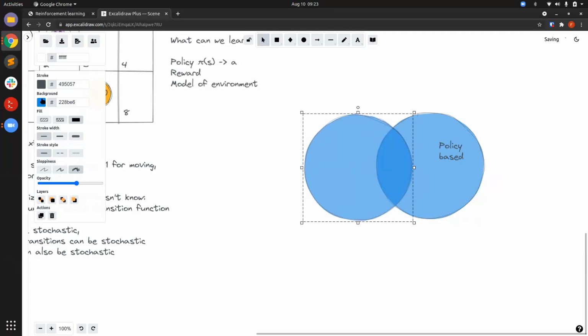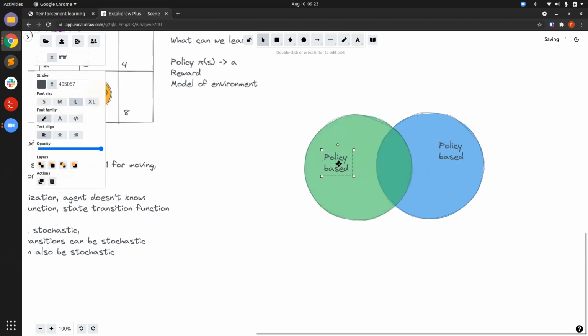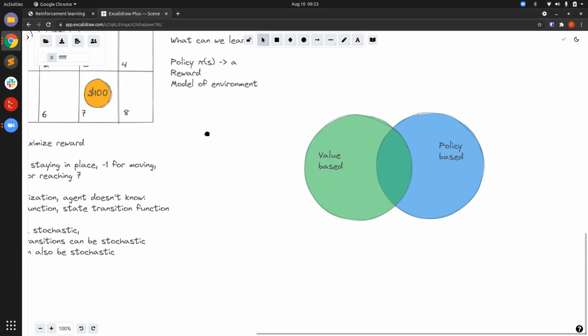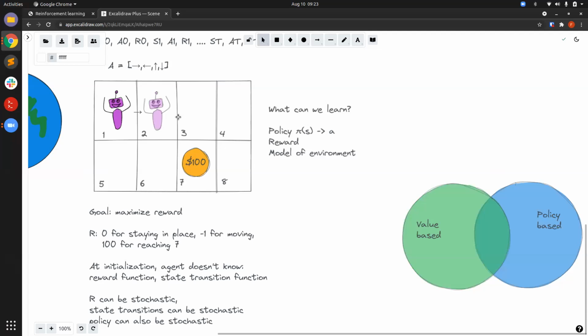Then we might also have some value-based agents. A value-based agent tries to learn the value function. The value function is expected total future reward from a state. So that would be something like, let's say, learning that if I end up in state 6, I have some large expected possible future reward.